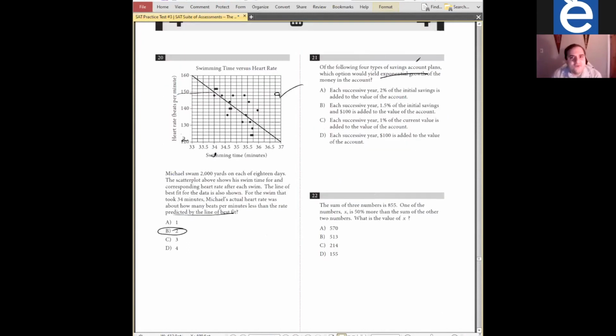Of the following four types of savings account plans, which would yield exponential growth of the money in the account? Each year, 2% of the initial savings is added. No, 2% of the initial savings is not compounding. Compounding is when the percent growth is applied to the amount that you grew the previous year.